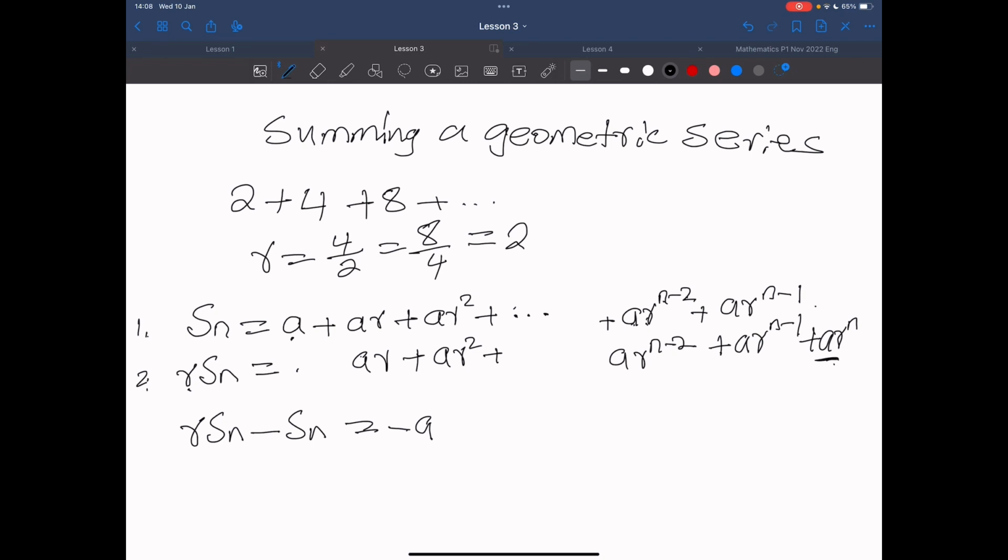It's ar exponent n, subtracting nothing, so it will just be plus ar exponent n. So rSn minus Sn equals ar exponent n minus a.